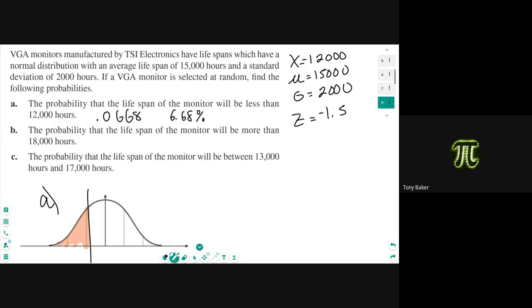So I'll set my warranty for 12,000 hours. And in that situation, I'll have to pay out 6% of the TVs that I sent out, but everybody else will be out of luck.